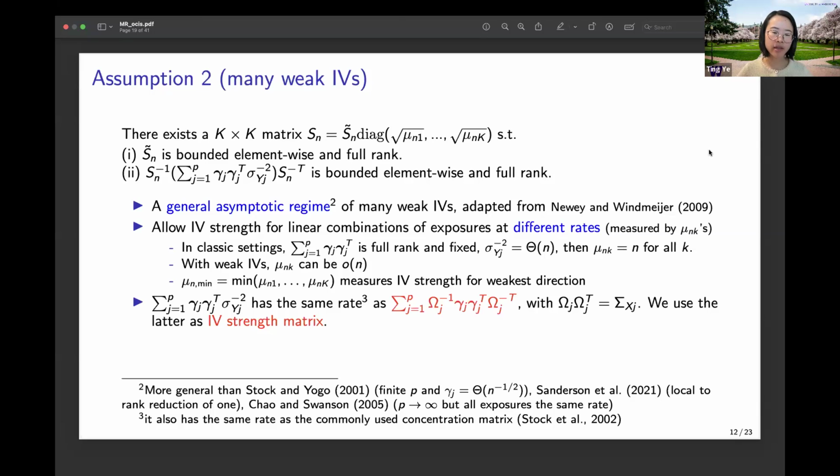And the exposure model, although I use a linear model to motivate, doesn't assume a linear model at all. It's the same thing as two-stage least squares being robust to the first stage specification. So that's the same here. The exposure model is not required to be linear at all.